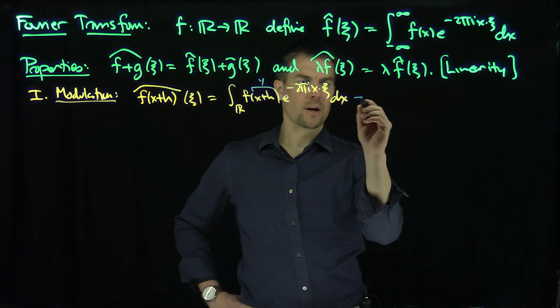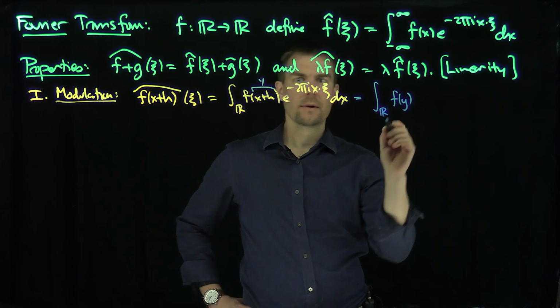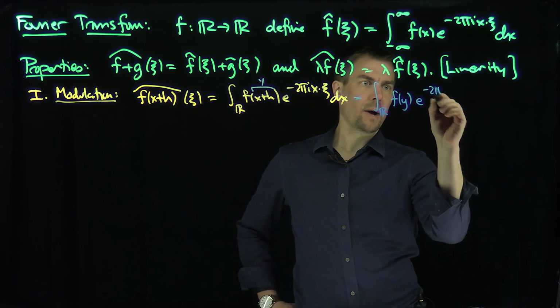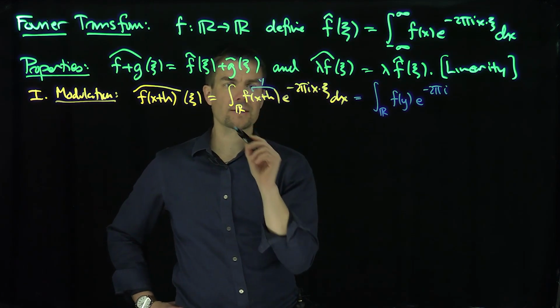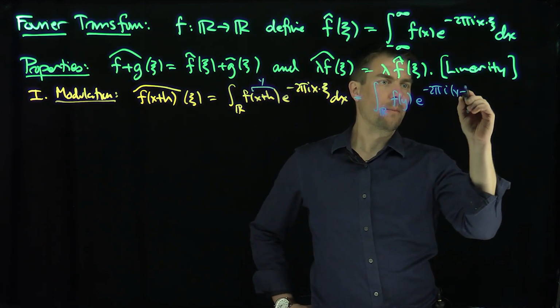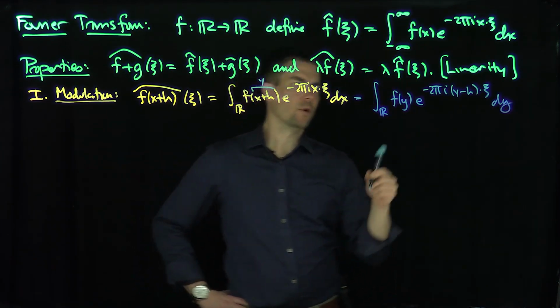So this becomes the integral over R, the limits don't change, of f of y, and then e to the minus 2 pi i, and then we have x, but x is really y minus h, so y minus h times xi, dy. Beautiful. And of course, what do we have over here?